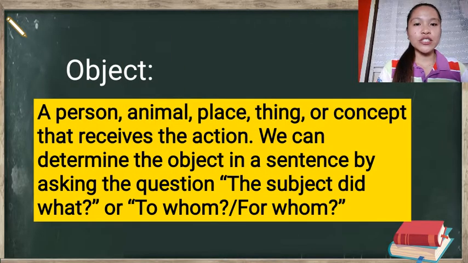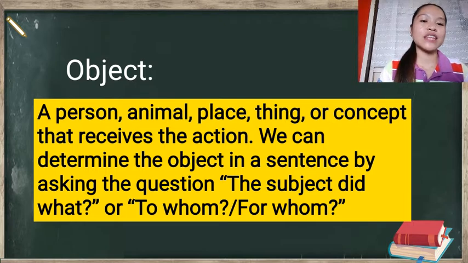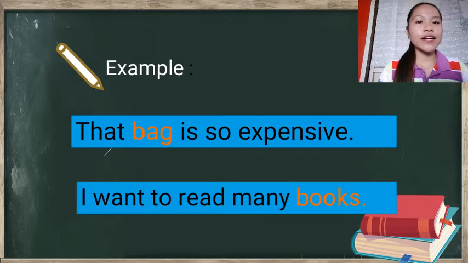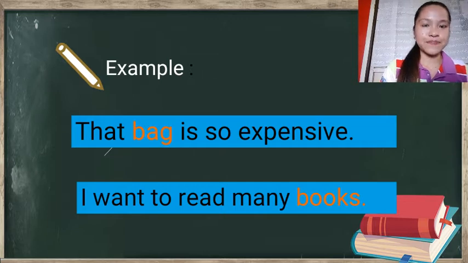So let's proceed to the object. An object is a person, animal, place, thing, or concept that receives the action. We can determine the object in a sentence by asking the question, the subject did what, or to whom or for whom. We have here an example of an object in a sentence.